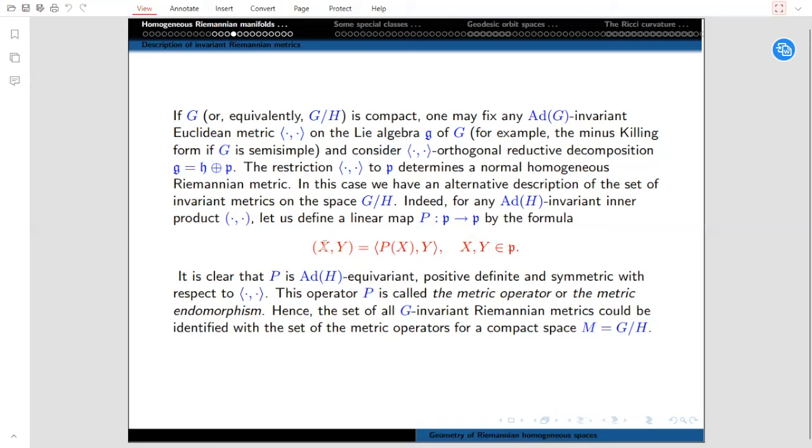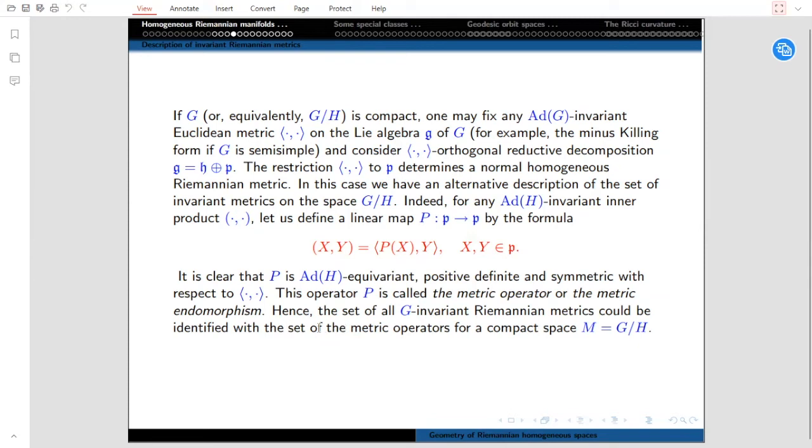Therefore, we can consider this expression and say that this is a new metric, a new inner product, and consider the Riemannian manifold with this inner product. Why not? It's clear that this operator P is called the metric operator, or metric endomorphism, of the corresponding Riemannian homogeneous space.